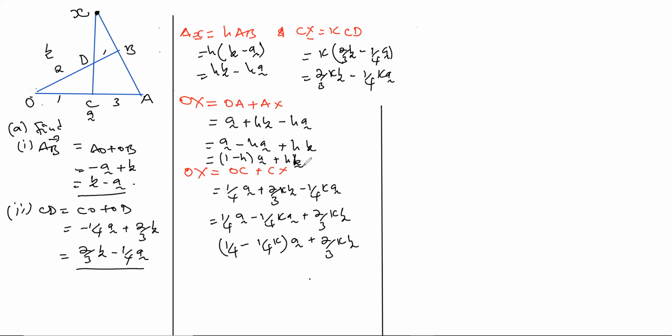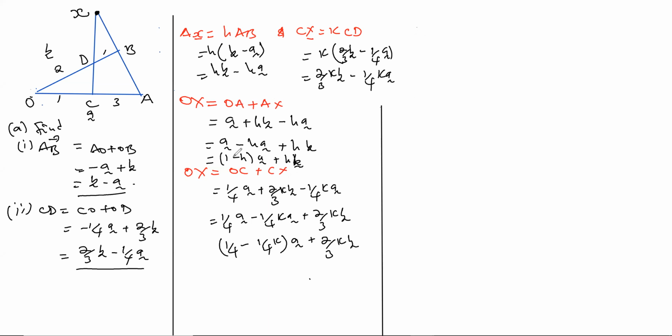So, yeah. Now I want to proceed. What we do next is simply solve to get the values of A and B. Now, when you want to solve, that's why you compare the coefficients. You compare the coefficients of the two OX.